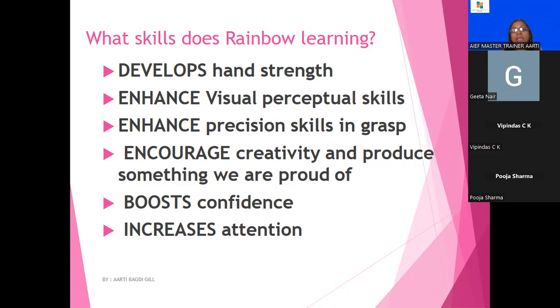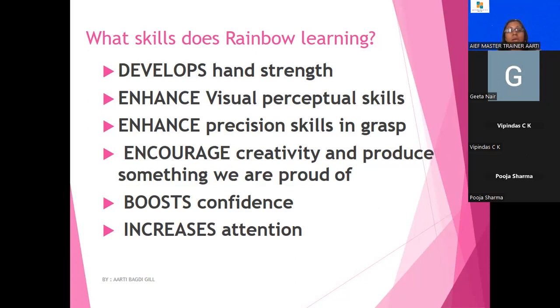But definitely, if I'm making my sun purple, then I need to take a call for the universal facts. Otherwise, perceptual facts are okay. You can give this much liberty to the children to enhance their perceptual skills. Very interesting. Next is enhancing precision skills in grasp.